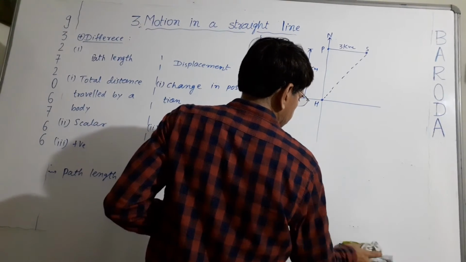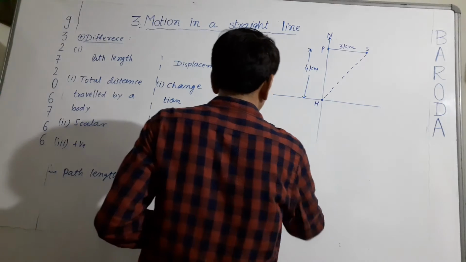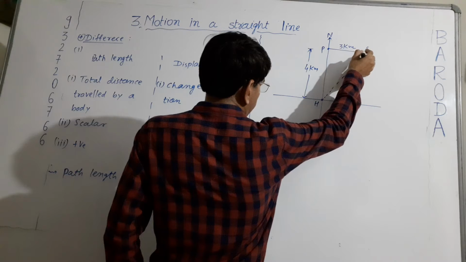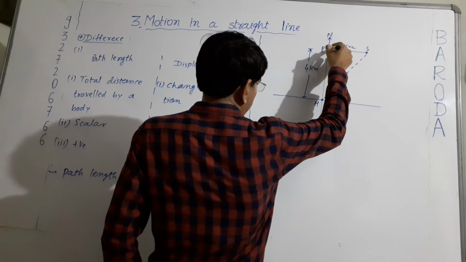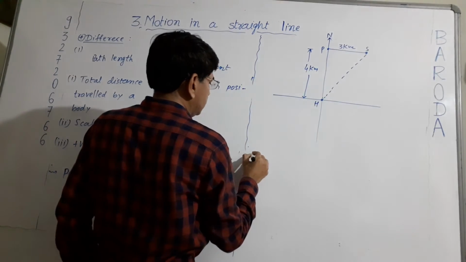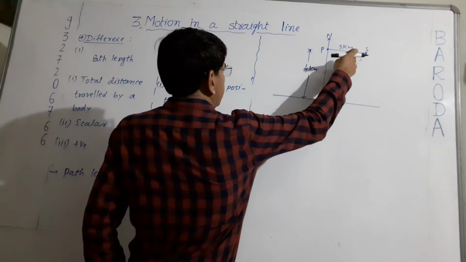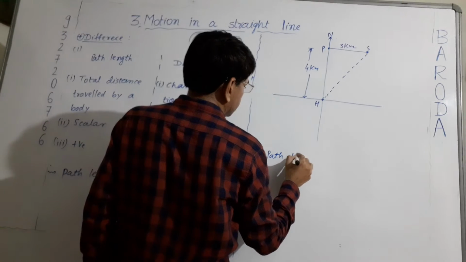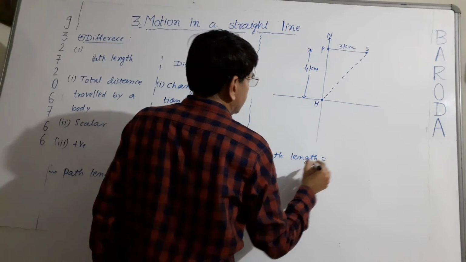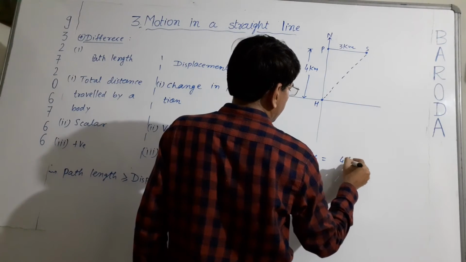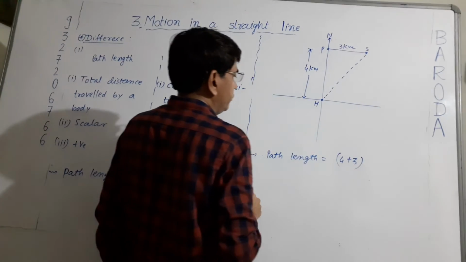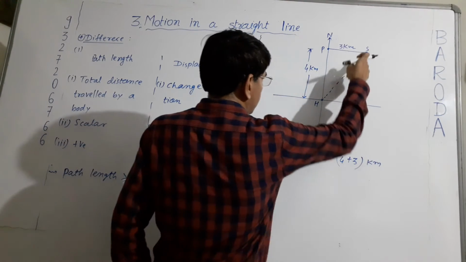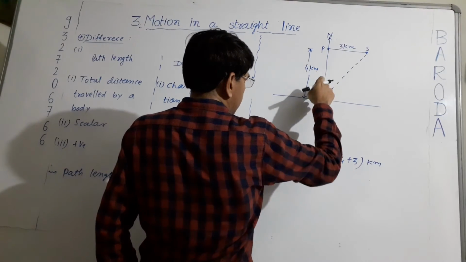Now this person came back home on the same path, supermarket to petrol pump to home. When he came back home, total path length will be 4 plus 3 when he went to the supermarket, and 3 plus 4 when he came back home.